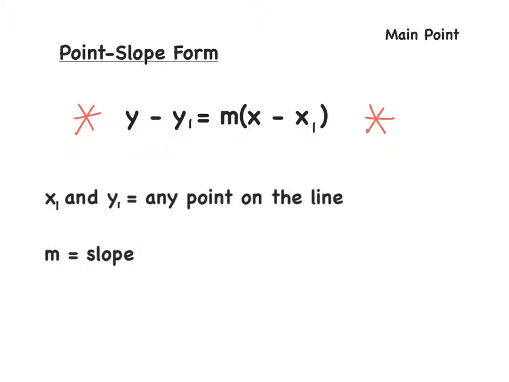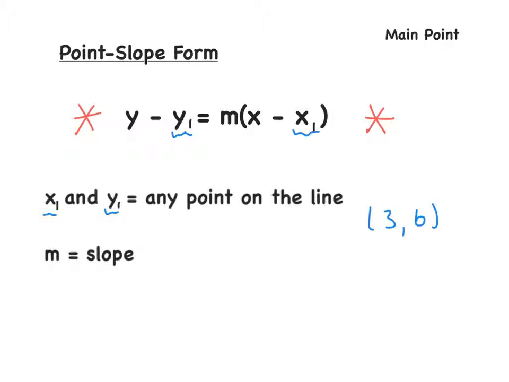Now, what are the variables? So we have x1 and y1. These are basically the points on the line. They will give you, for example, (3, 6).